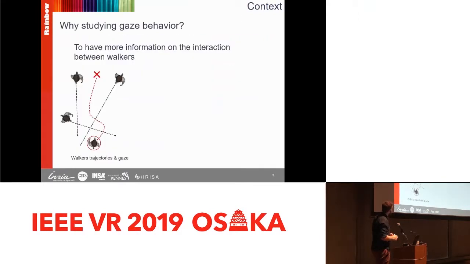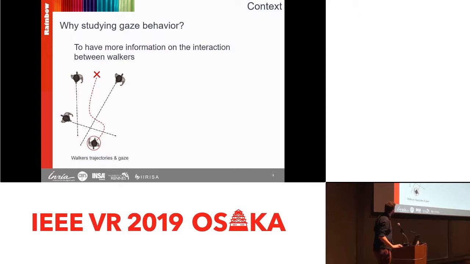First, why do we want to study gaze behavior in this kind of situation? Take this little example, where a person wants to reach a goal and has to avoid the other walkers in order to reach it. If we look only at the trajectory, we see that he performed some maneuvers to avoid these three walkers.